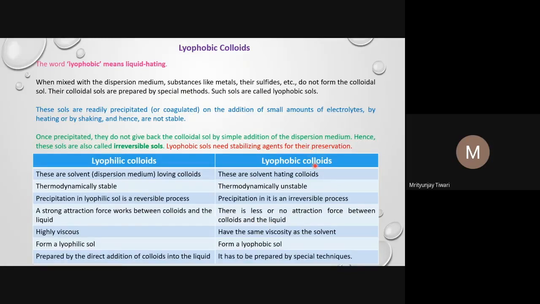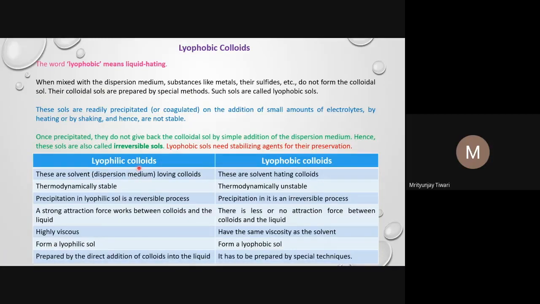The lyophilic colloids are highly viscous, and the lyophobic colloids have the same viscosity as that of the dispersion medium or the pure solvent.